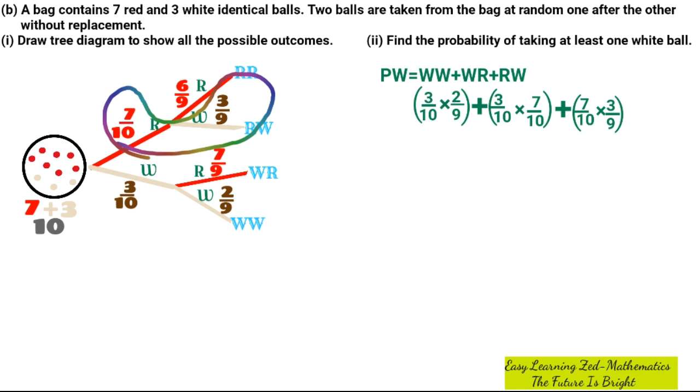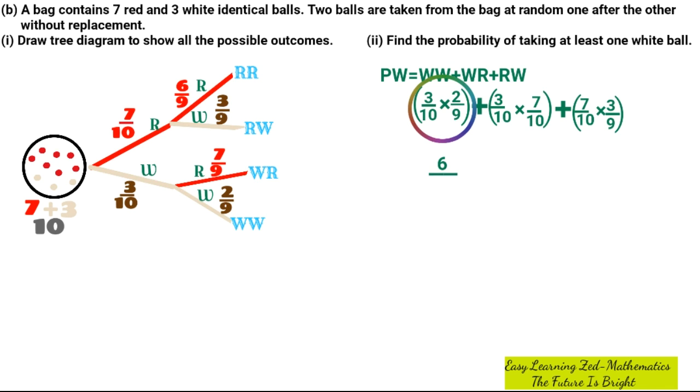Once I've done that, the next thing is to do the actual multiplication. I'm going to start with the first two fractions there, the ones I've circled. 3 times 2 will give us 6, 10 times 9 will give us 90.